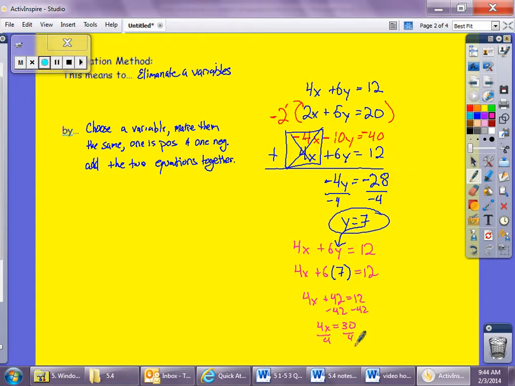Divide by 4, x equals 7.5. So my solution, you get 7.5 and positive 7. So that's how we get our solution.